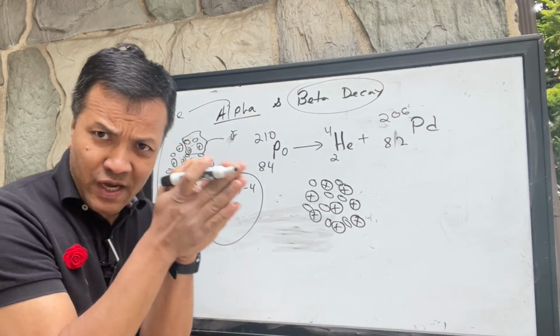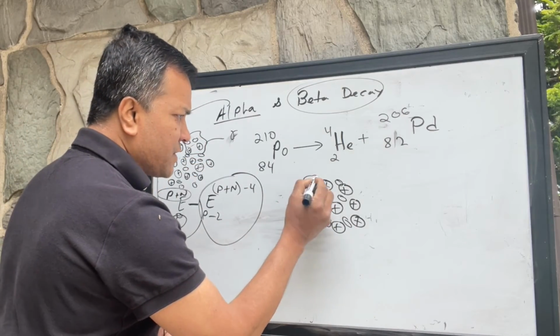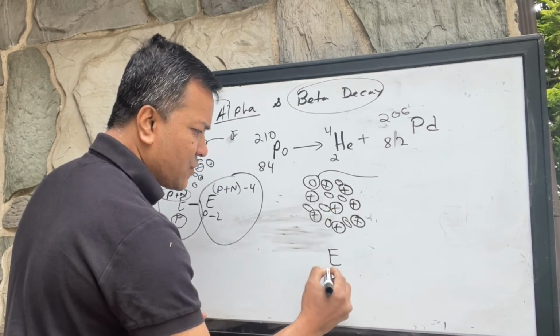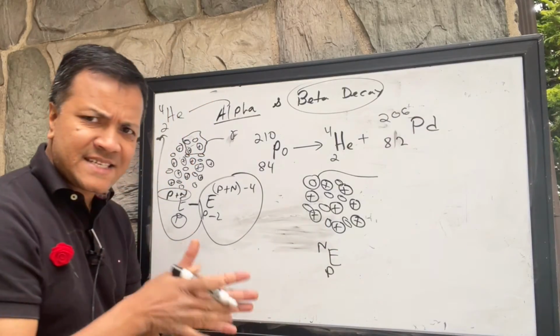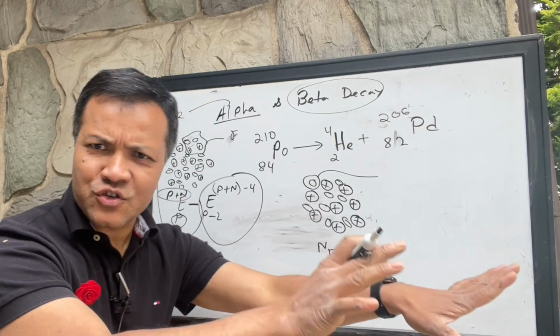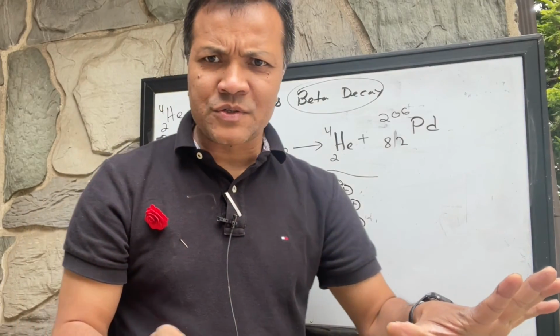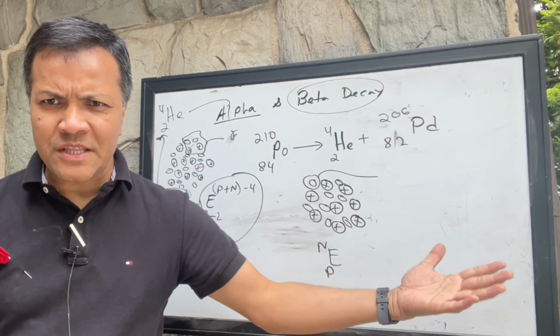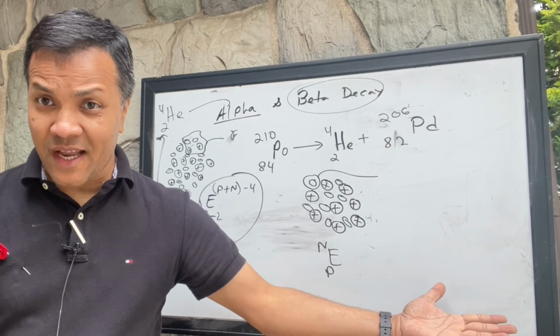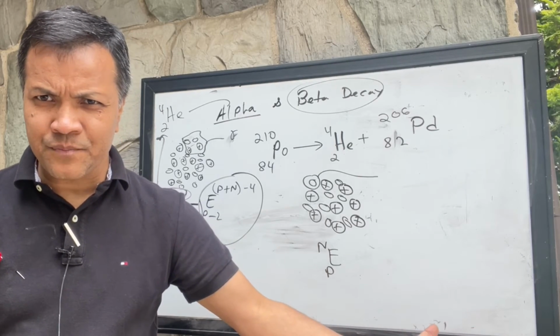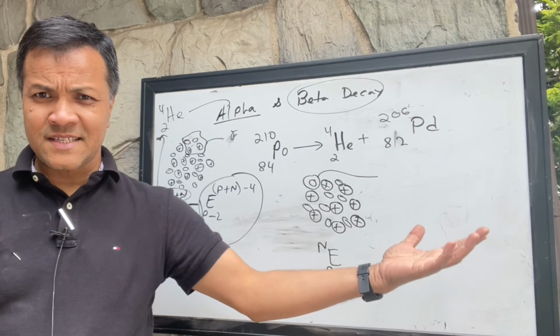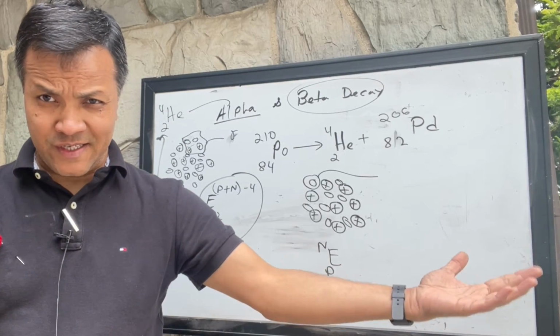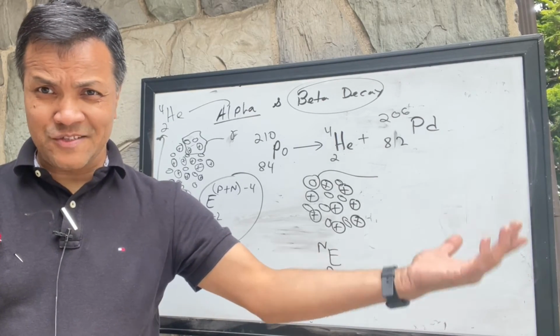Neutron has no charge, but one of the neutrons in the element decides to emit an electron. And now you are thinking, hey, what are you talking about? Neutron has no charge. How can a neutron emit an electron? That's crazy. Yes, crazy things often happen, especially inside the atom, especially inside the nucleus.